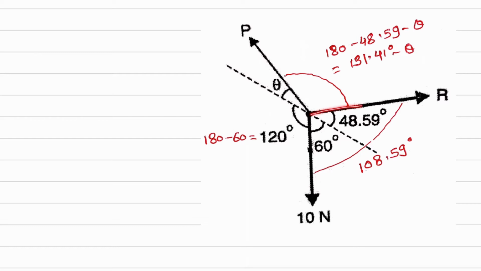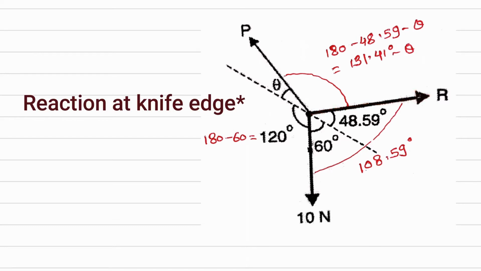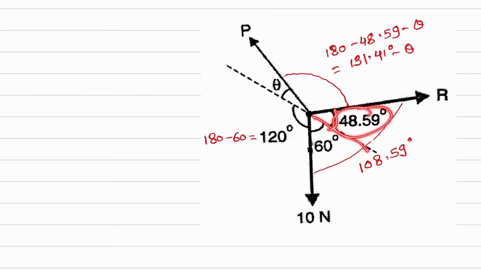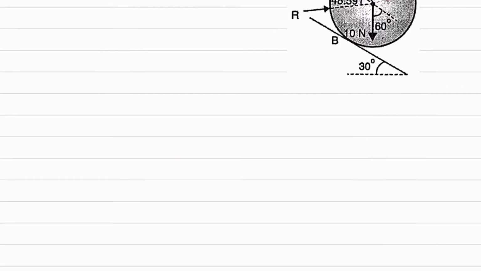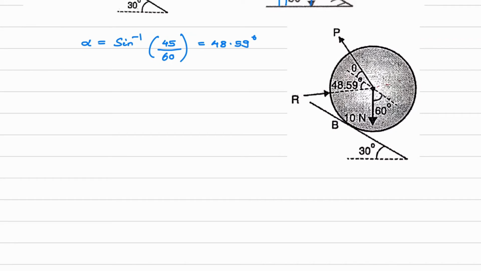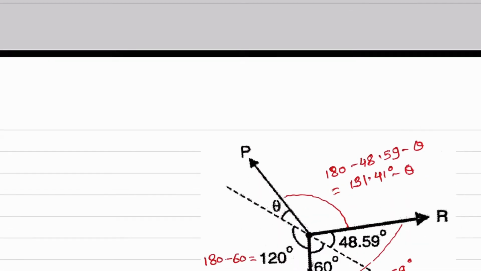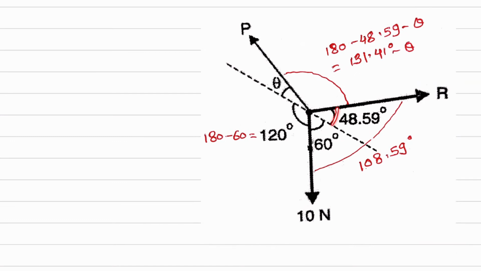Okay, I have moved the resultant over here, and the angle of the resultant with respect to this line is 48.59 as we discussed over here. So if you see this diagram, between this line and this line, this is 48.59, so this will be the alternate angle, 48.59. So the same thing I have shown over here, this is 48.59. Okay, so this is R, then this is P, and this is weight 10 Newton.